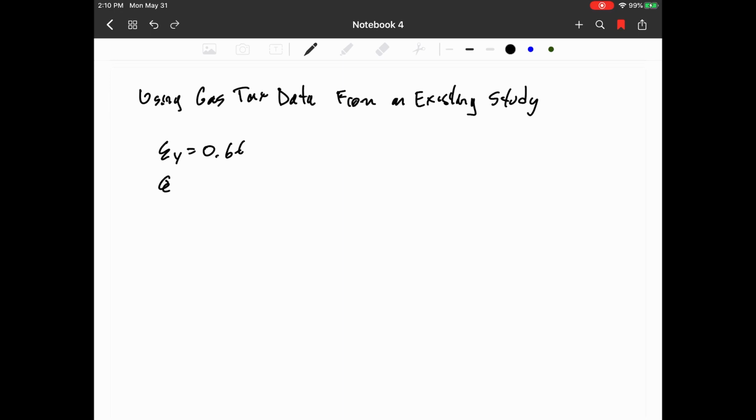Our price elasticity of demand is negative 0.56.